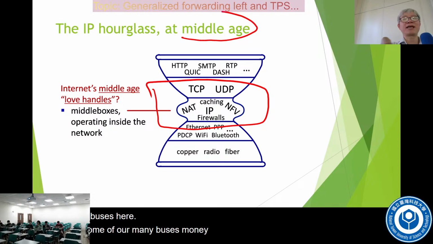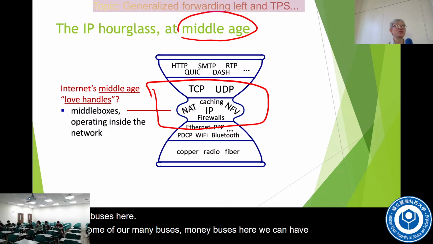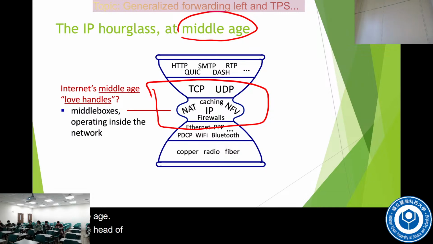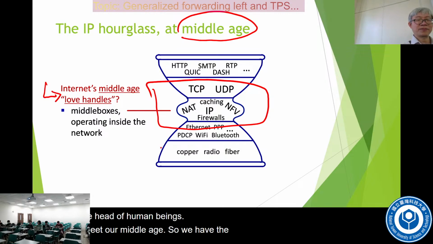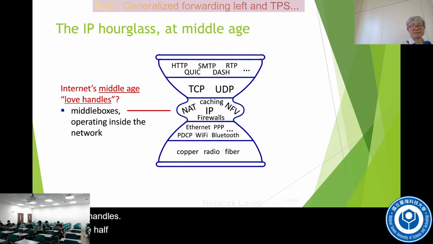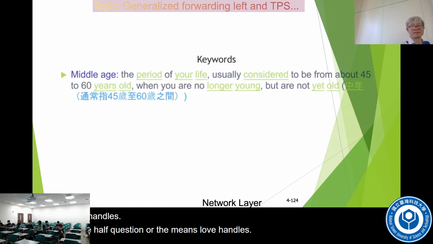We can have the concept of middle age, middle age of human beings. And with middle age, we have the term love handles. Well, maybe you have a question about what love handles means. This one.